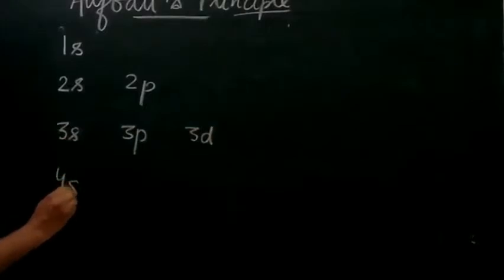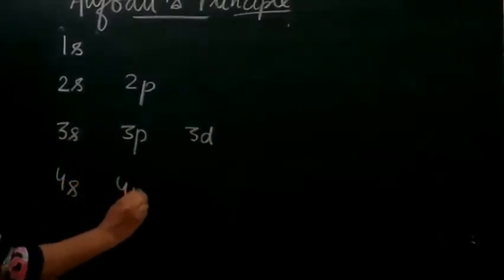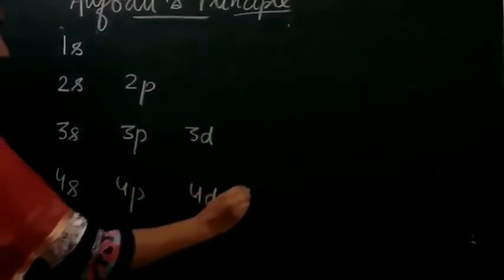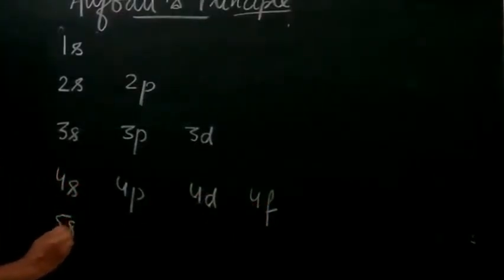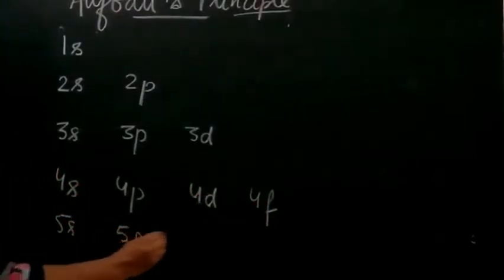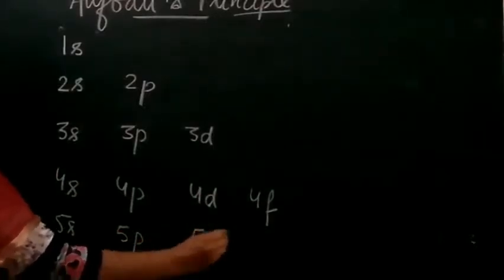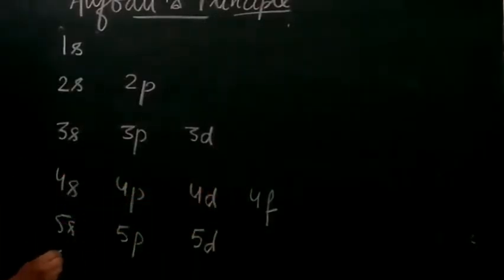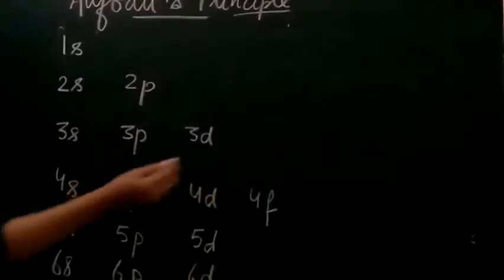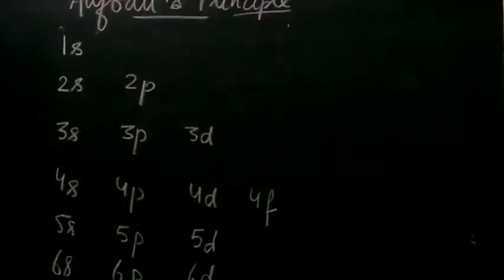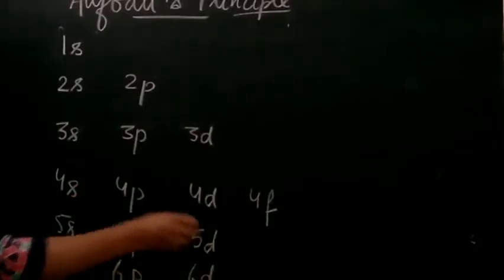In the same way we have 4s, 4p, 4d, 4f, then we have 5s, 5p, 5d. You can write 5f also there, then 6s, 6p, we have 6d also, 6f also, and I'm writing here only 7s. You can continue in the same way, 7s, 7p, 7d, right?